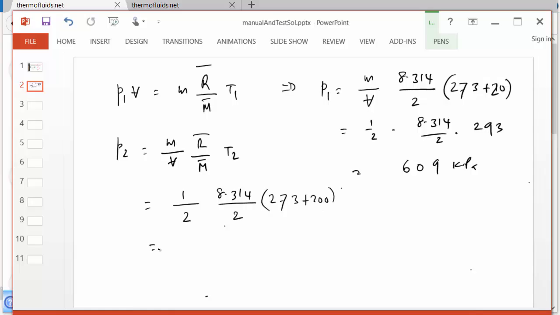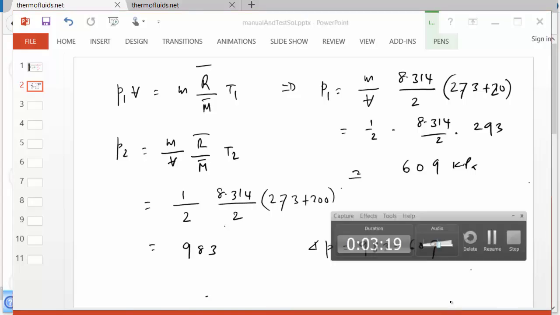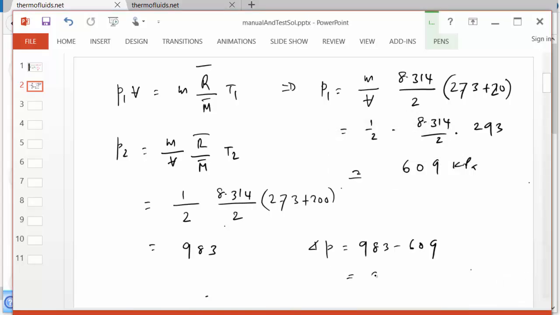And that P2 becomes 983. So that gives us our delta P. The first question is to find delta P: 983 minus 609, which is equal to 374 kPa. So we got our first answer.